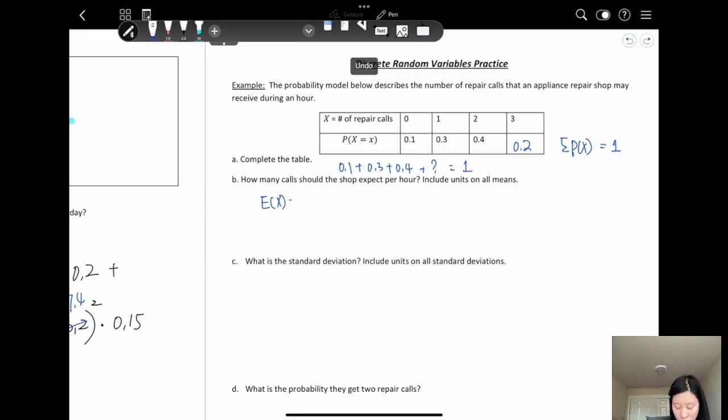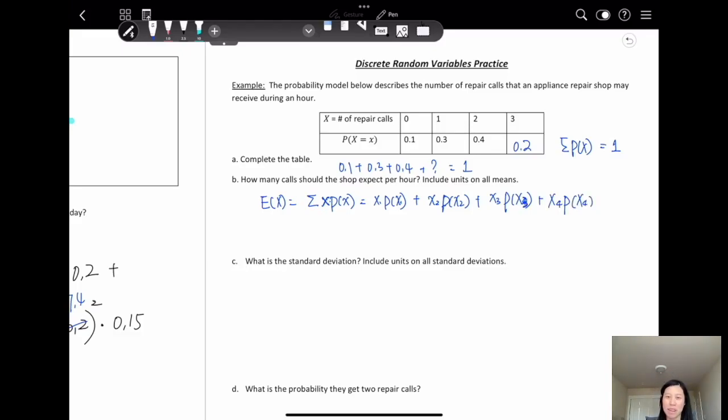So expected value equals the sum of each random variable times the probability of the random variable, such as X1 times P1 plus X2 times probability of X2 plus X3 times probability of X3, plus X4 times probability of X4.